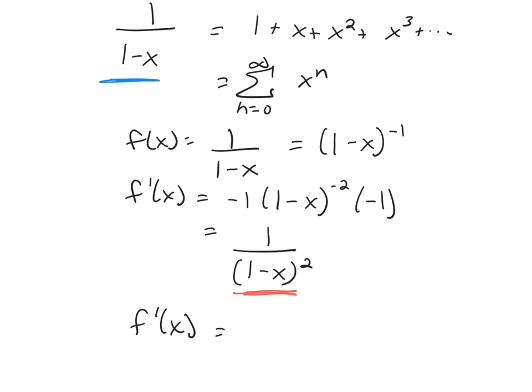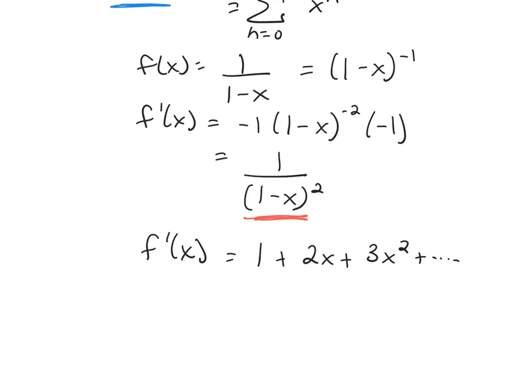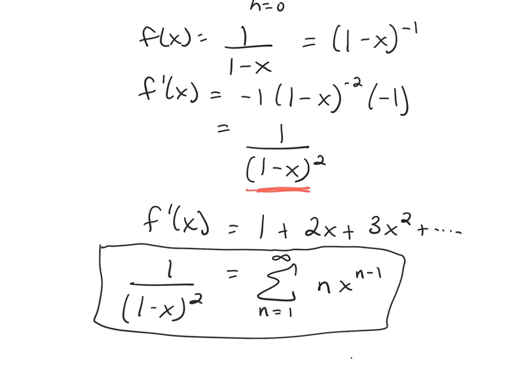The derivative of x is 1. x squared, 2x. x cubed, 3x squared, and so forth. So the power series for this would be the sum of n x to the n minus 1. You just take derivatives. And f prime of x, we said, is 1 over (1 minus x) squared. So here's my power series representation for that function.